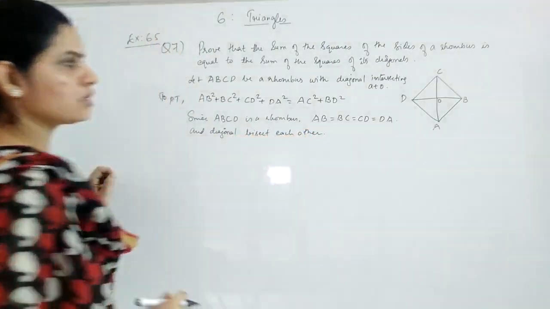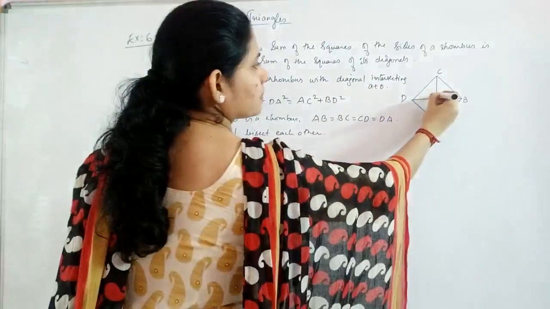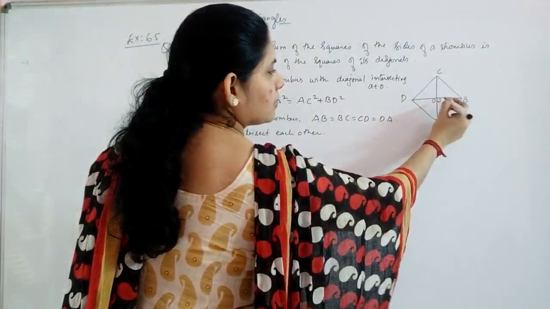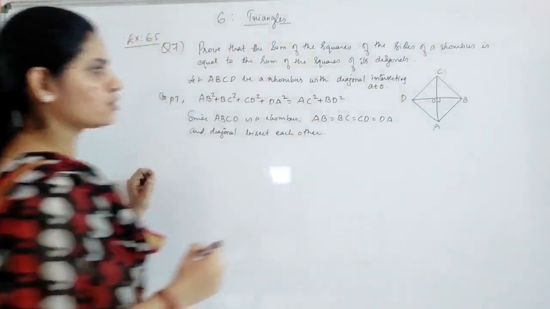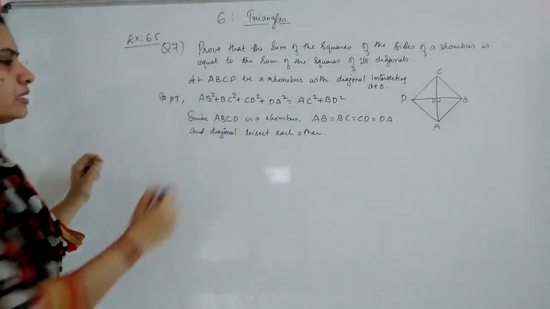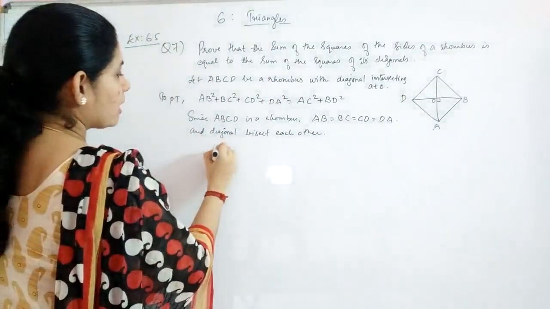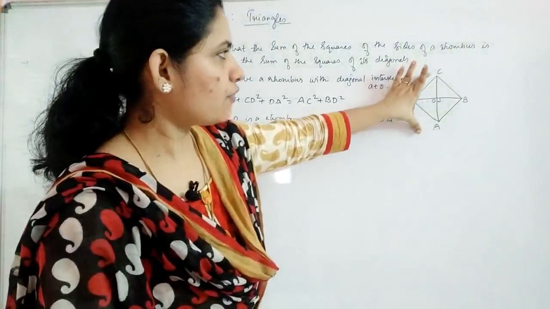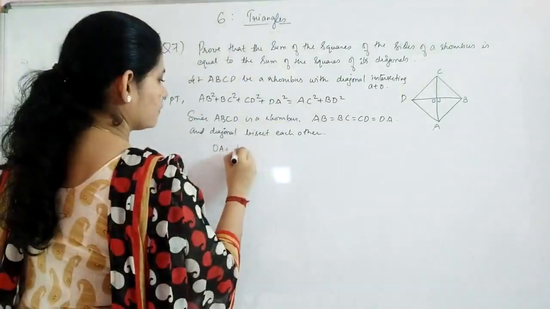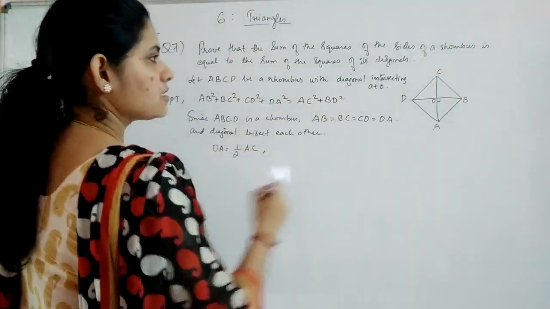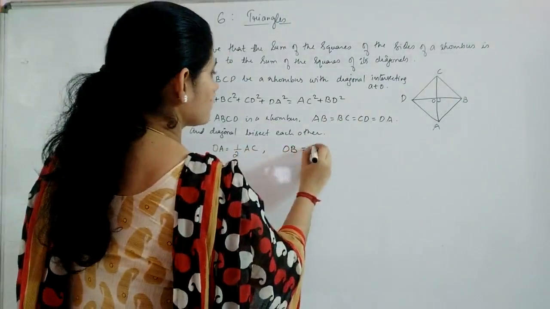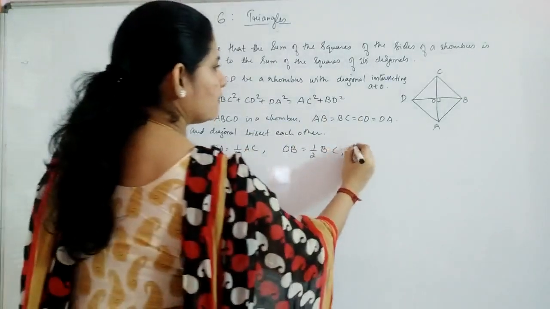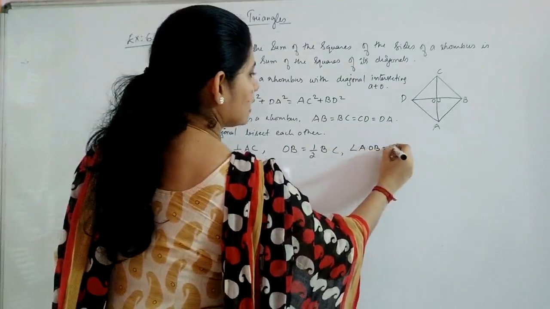The angle here will be 90 degrees, and I am considering this as 90 because I am going to take this triangle to prove this. So OA will be half of AC, and OB will be half of BD, and you have angle AOB as 90 degrees.